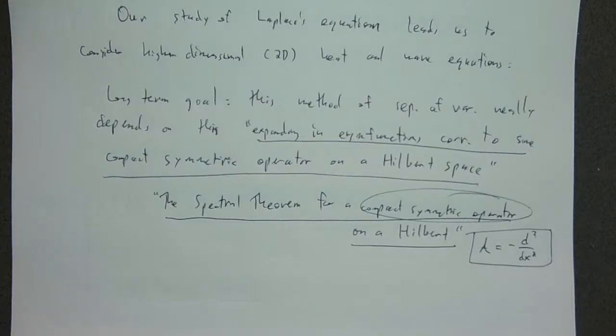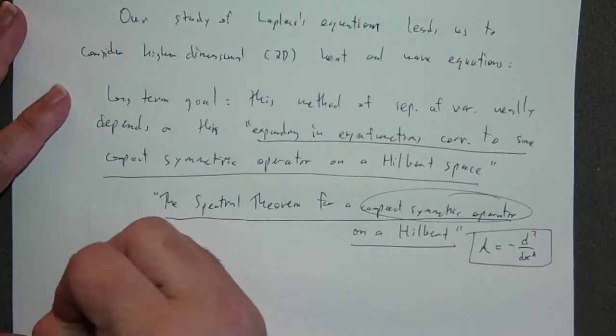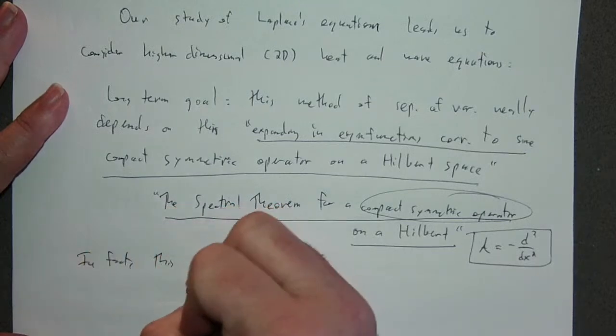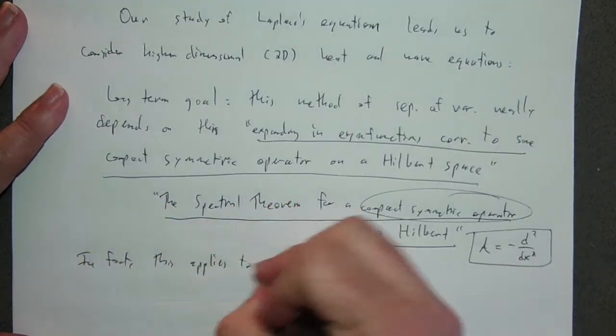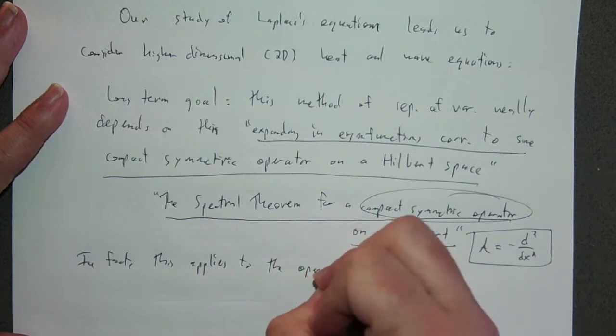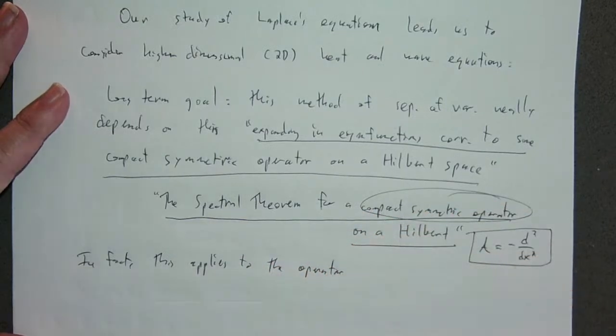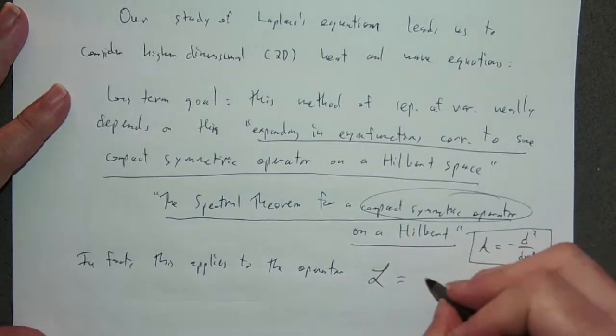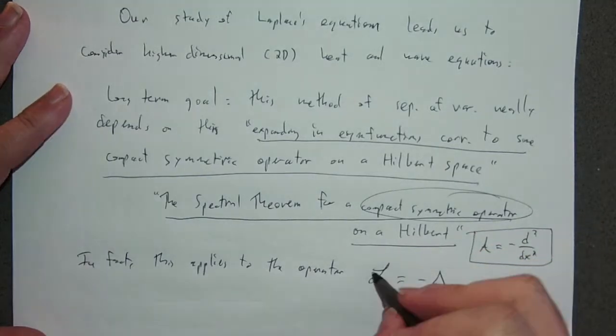It turns out that this theory will apply to operators that are more advanced than this, more complicated than this. In fact, this applies to the operator, maybe we'll call it L, which is minus the Laplacian.